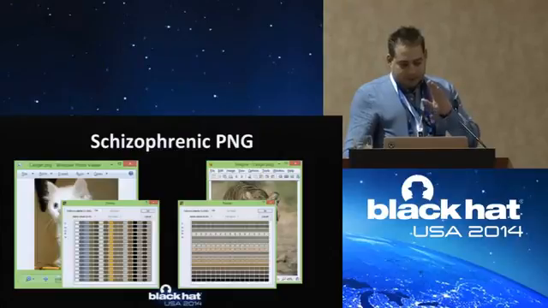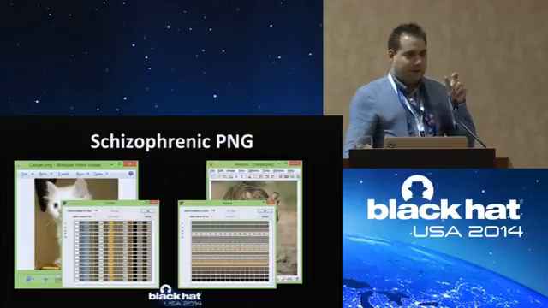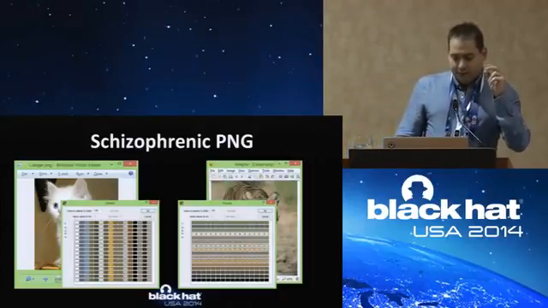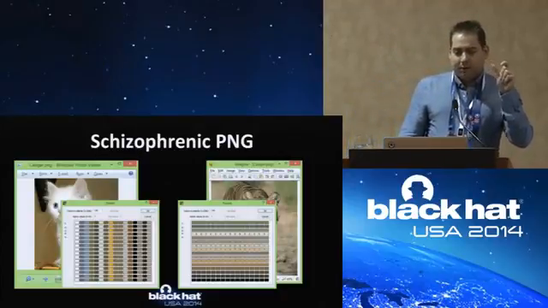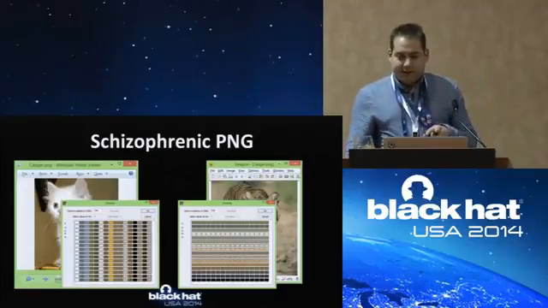Basically, the cat uses the 4 lower bits of each byte, so the low nibble of each byte for its data, and the tiger uses the high nibble, the 4 high bits of the image. And then you have 2 different palettes.